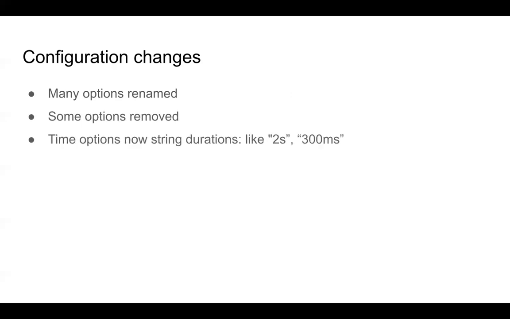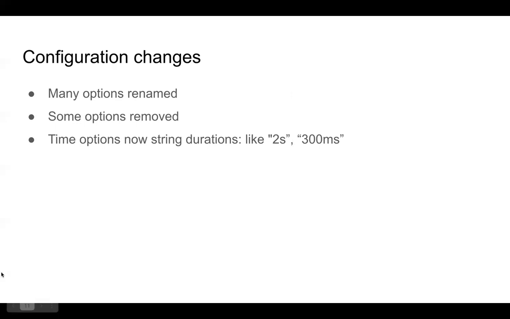So many configuration options were renamed. This will be in the release notes. Some options have been removed. And options which contain time intervals now should be written as strings.